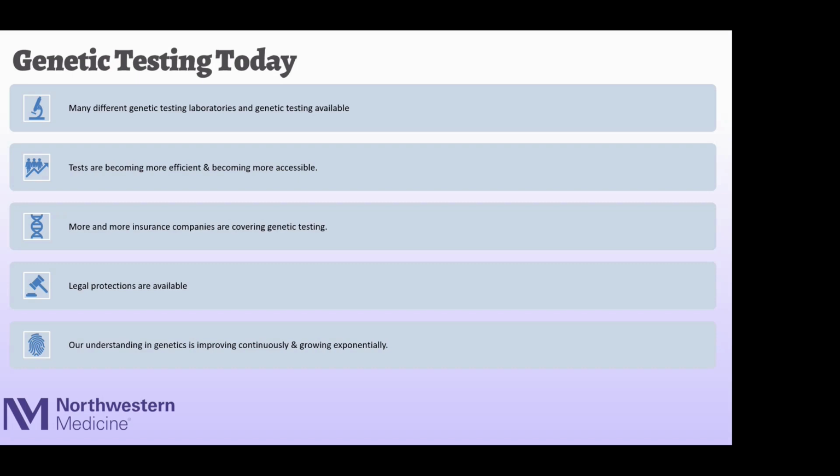Tests have become more efficient and have become more accessible for patients. There's also more and more insurance companies that are beginning to cover the genetic testing. And legal protections are also available for patients too, so there's certain laws that are put in place that actually help protect patients from health insurance companies or employers from using any of this information against them.